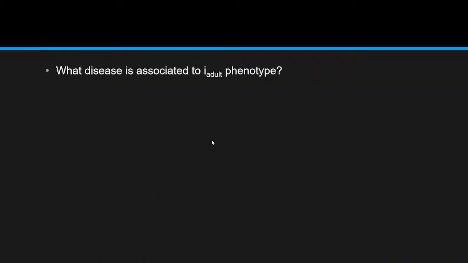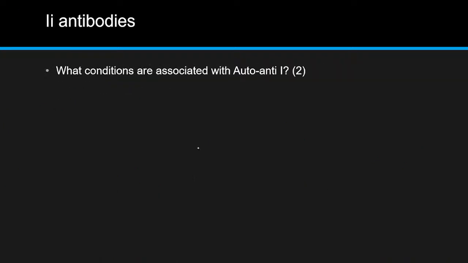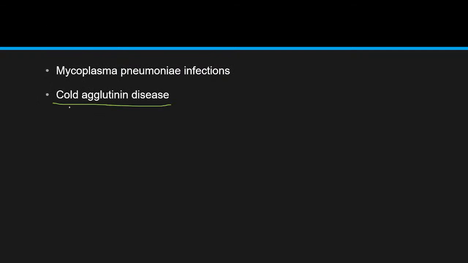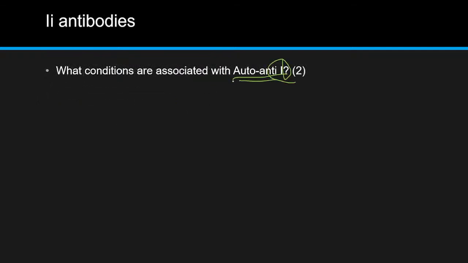Okay. Now, congenital cataracts. Let's talk about the antibodies of i. So i antibodies have been associated with diseases or conditions that are associated with auto-anti-big I. Please remember Mycoplasma pneumoniae and patients who have cold agglutinin disease, auto-anti-I, right?